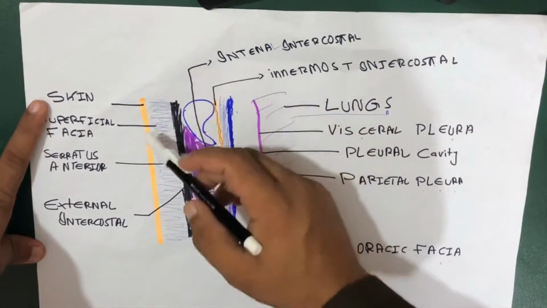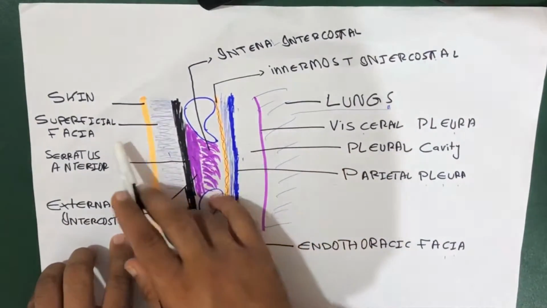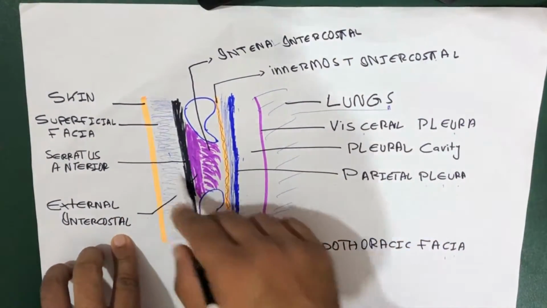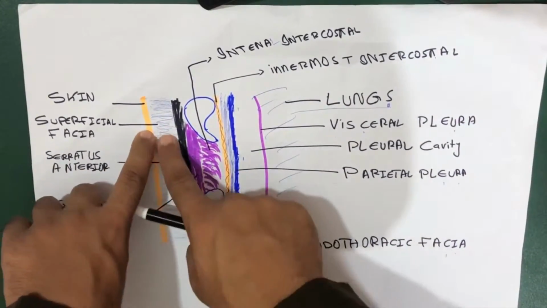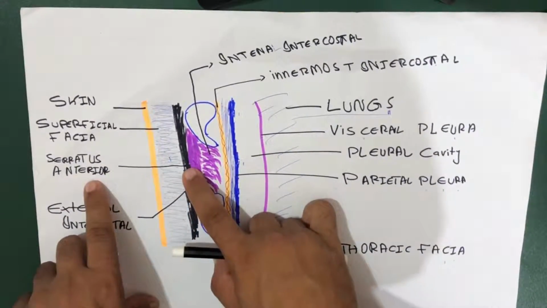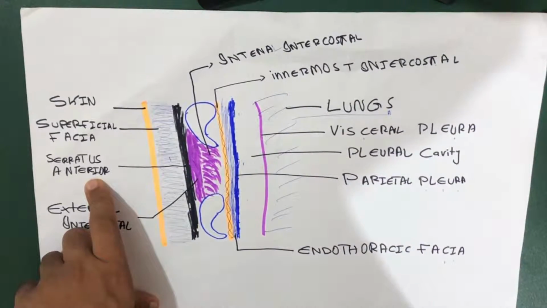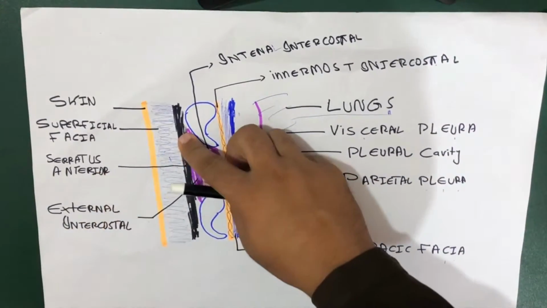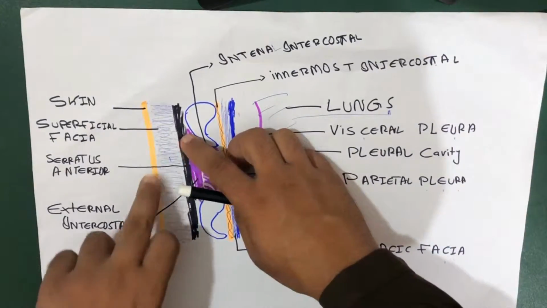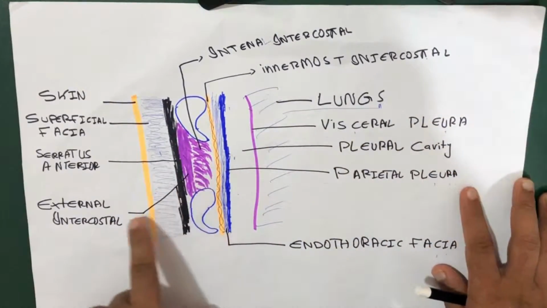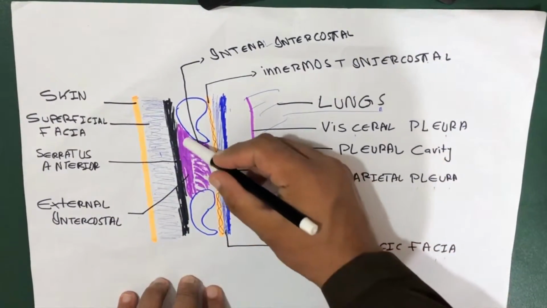From the outside we have got the skin, and as we move inward towards the inside of the body, this is the skin, then we've got superficial fascia, and inside that we have got serratus anterior. That is a real muscle on the sides of your body, nearby your chest. And anterior to that we have got the external intercostal.